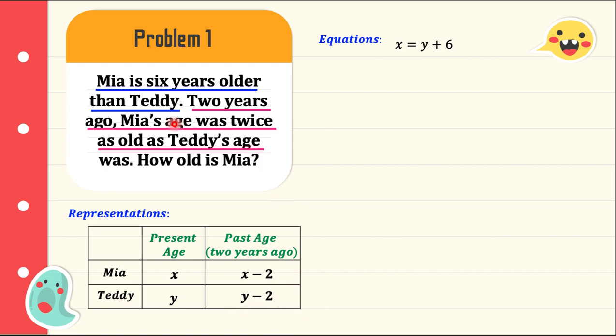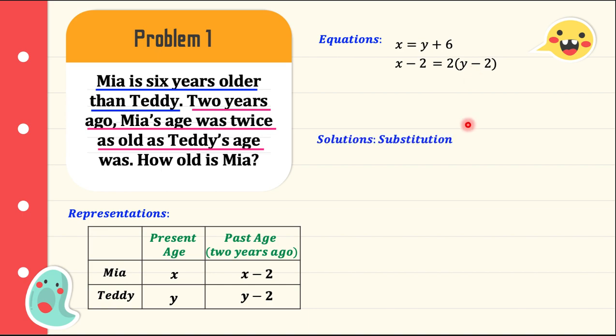So Mia's age, x minus 2, was equal to twice Teddy's age, which is y minus 2. So your second equation is x minus 2 equals 2 times y minus 2. And then here, I will be using the substitution method.